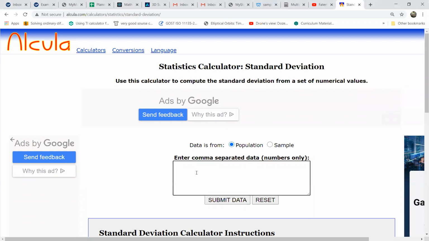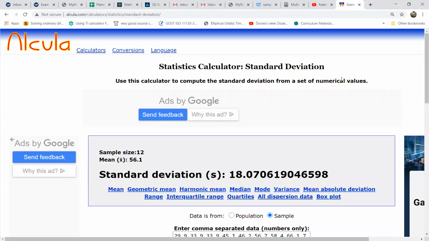Here I'm entering all of these data, but note that you have to separate them by comma. So let us separate all of these by comma. And note that here you have a sample. It's not a population. So we select sample. Submit the data.